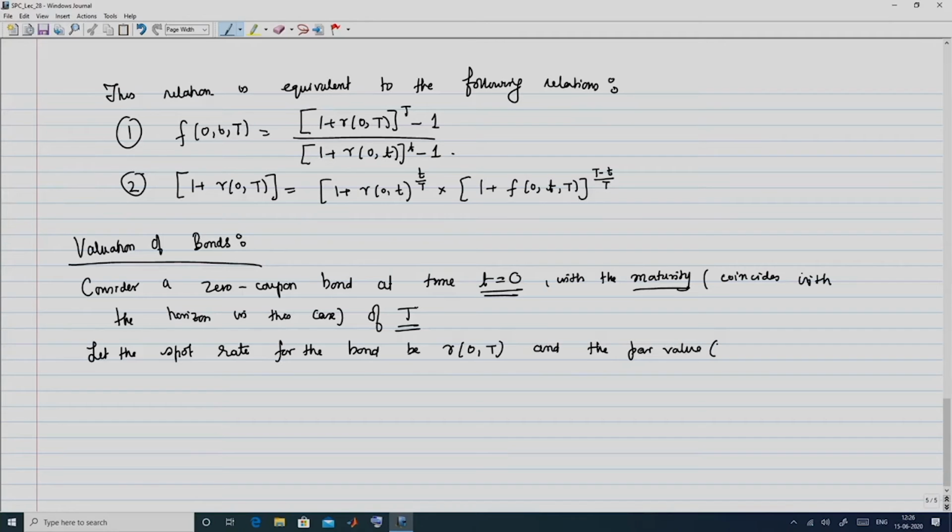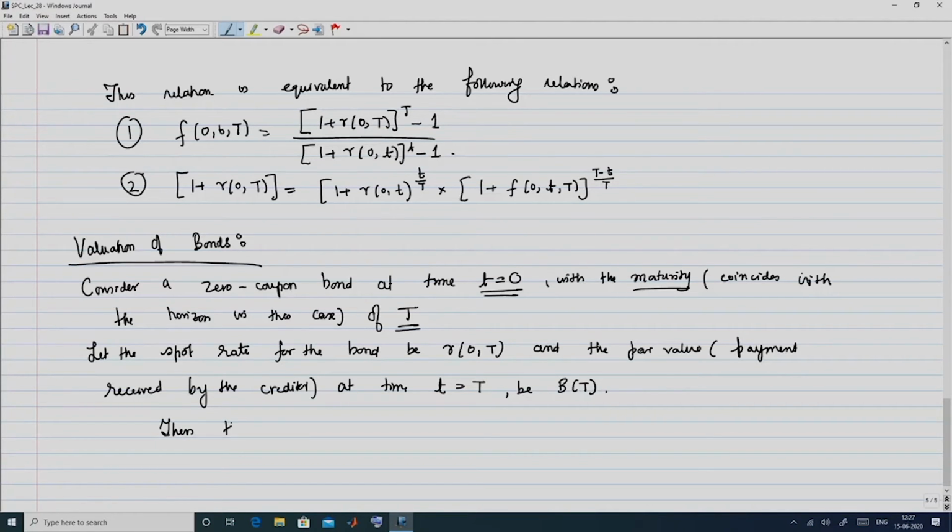And remember what is the par value? Par value was basically the payment received at the end by the creditor. So, this par value at time t equal to capital T be denoted by B(T), as we have done before.